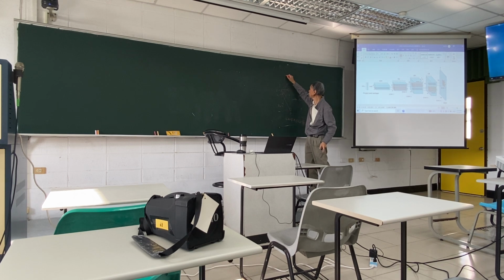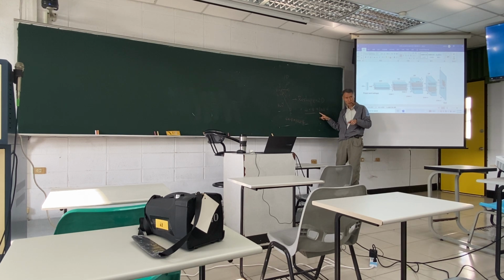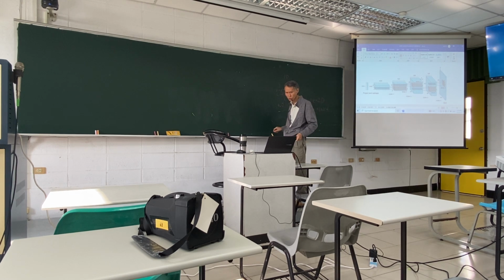Because this is 1D, we reshape it into 2D. That becomes 4 by 4: the image size, or the feature map, is 4 by 4, and the number of channels is 1024. Okay, that's the original version.